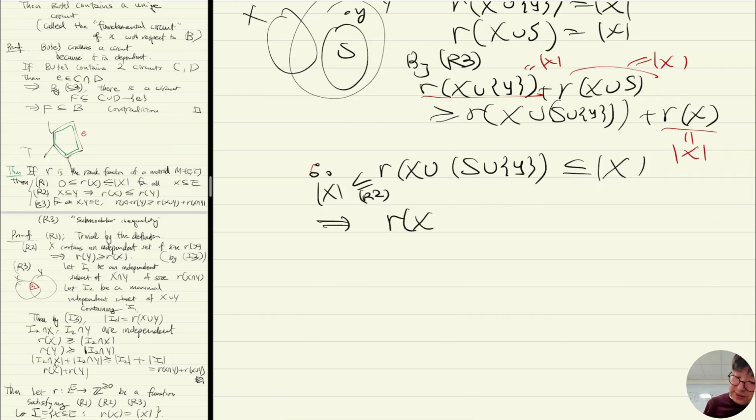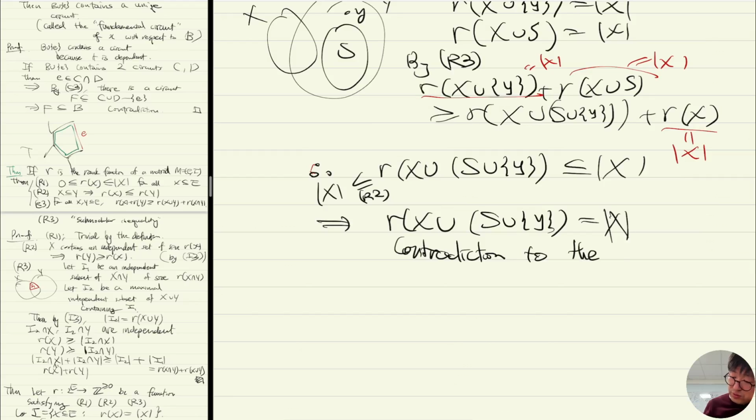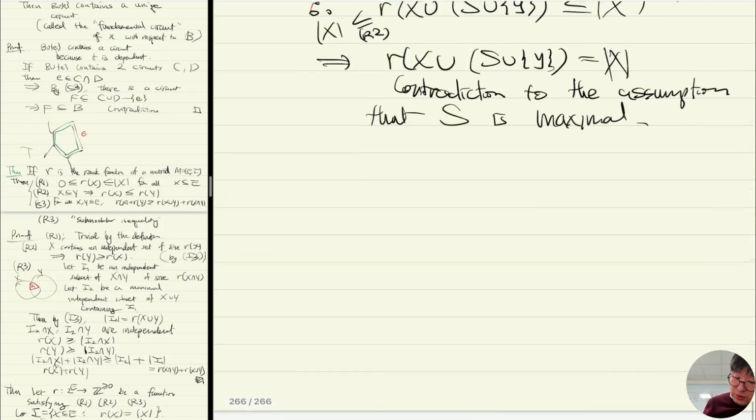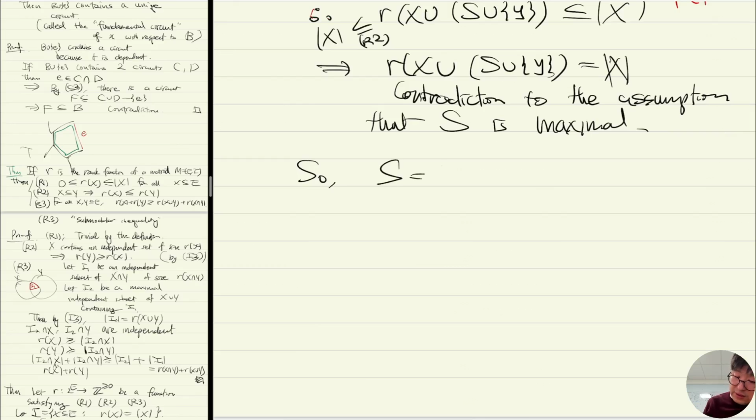So this means rank of X union S union y is equal to size of X. Contradiction to the assumption that S is chosen to be maximal. So S is equal to Y minus X.